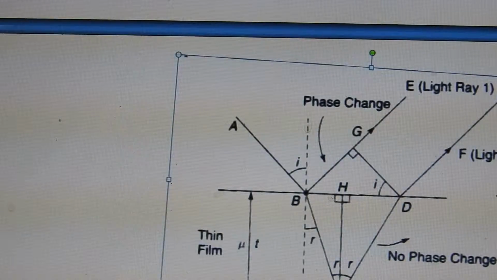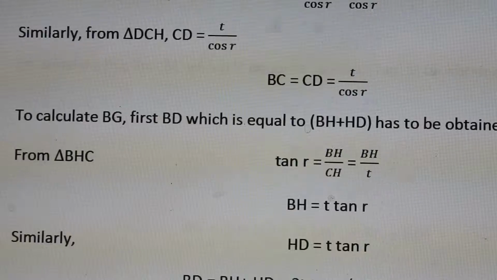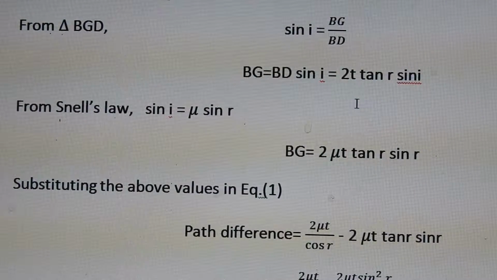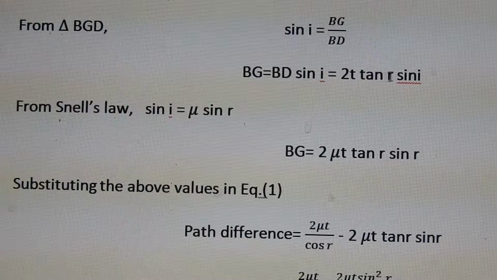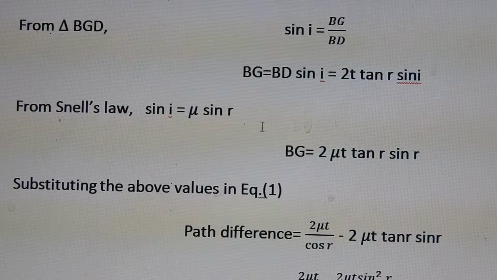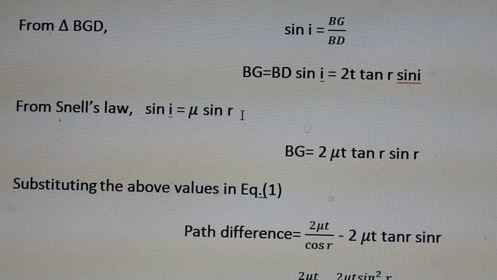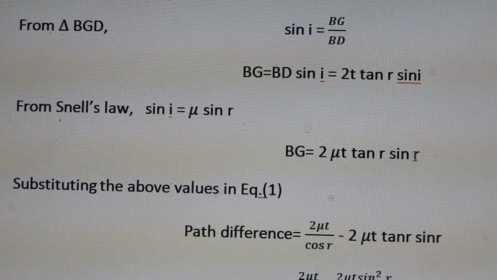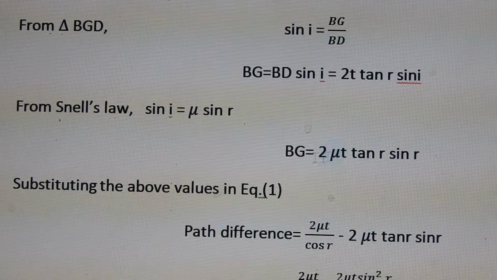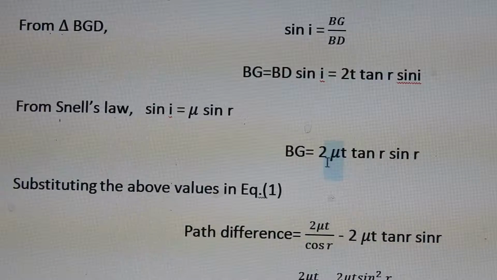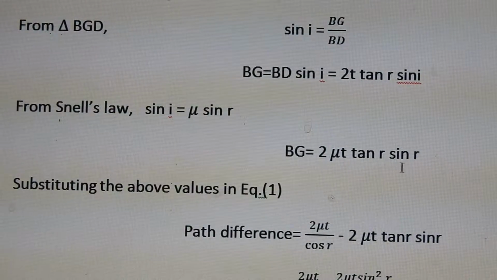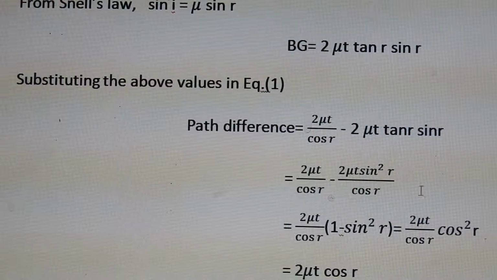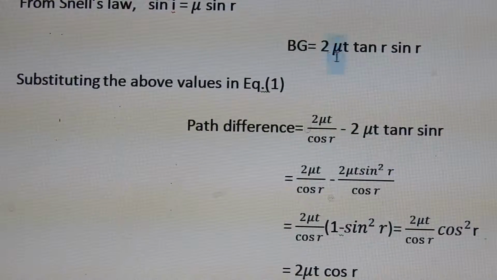Don't forget it. So BG is equal to 2T tan R, and sin I is mu sin R. If I substitute mu sin R, this mu is written here and sin R is written here. Then we got the path difference BG.